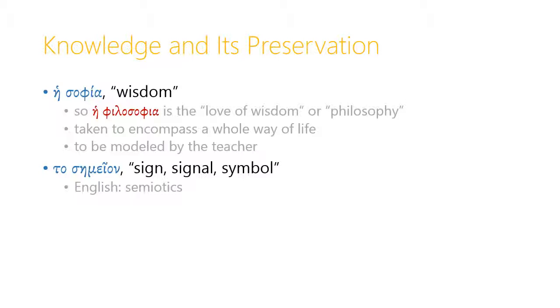And in English, semiotics is the study of how we as human beings use signs, symbols, to communicate. And so ta semeion, sign or signal or symbol, will come up in many contexts, not necessarily as theoretical as semiotics is in English, but even if we're just waving to somebody, that can be considered a semeion, a sign.